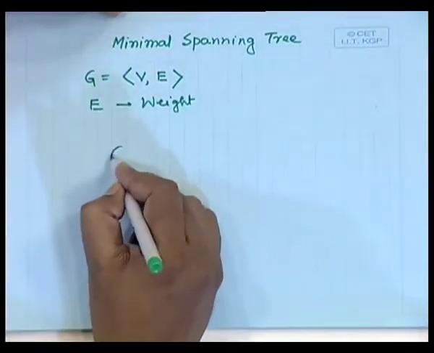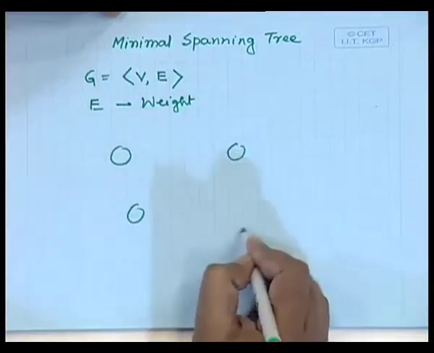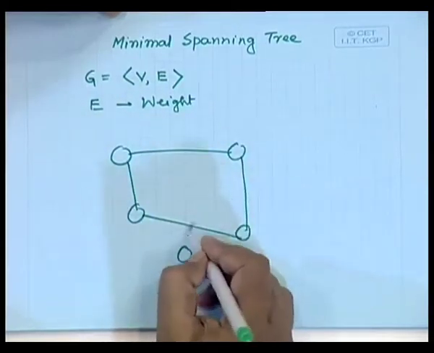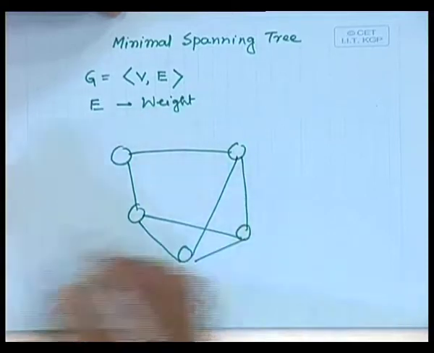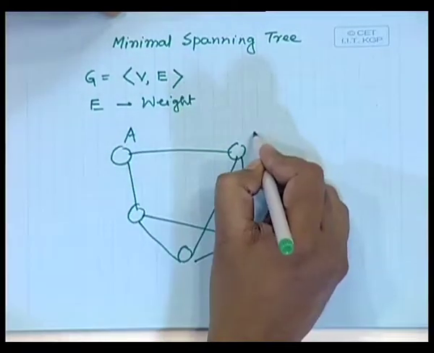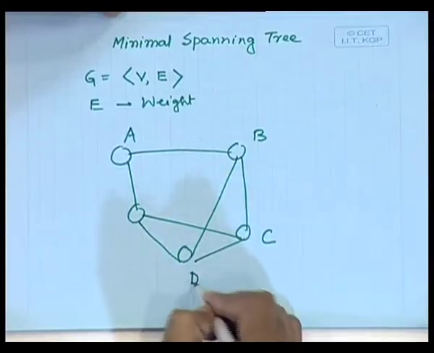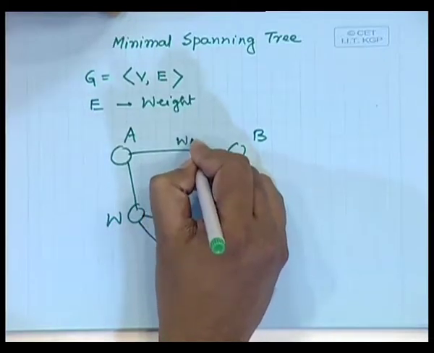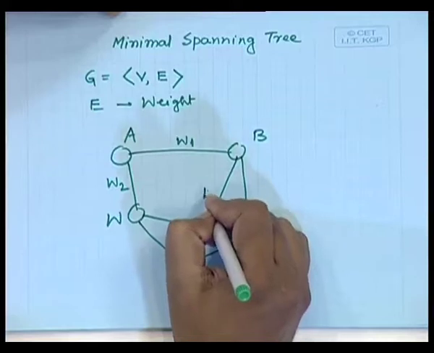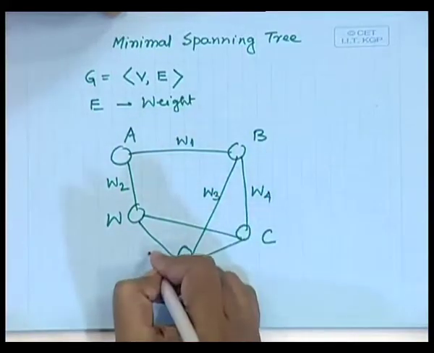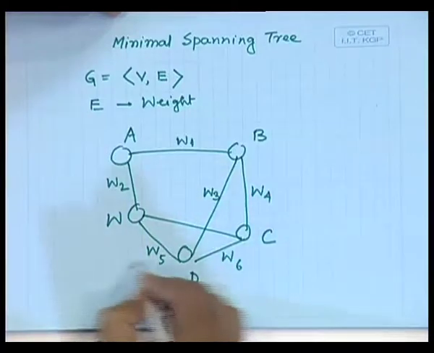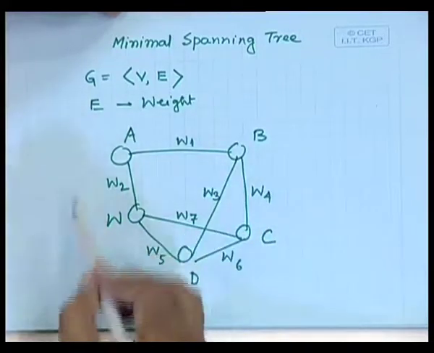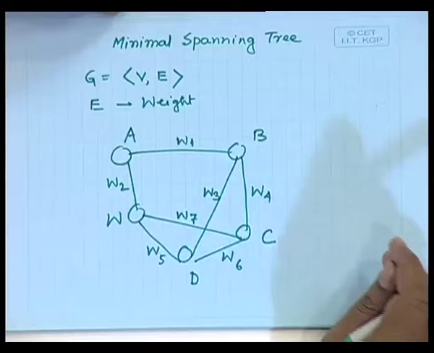So, if I have a graph something like this, with a number of nodes, say any arbitrary graph with nodes A, B, C, D, E, then every edge will have a weight associated with it, say W1, W2, W3, W4, W5, W6, W7 and so on.